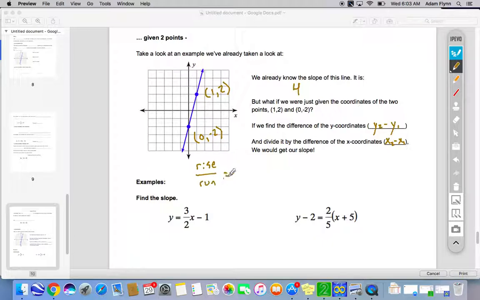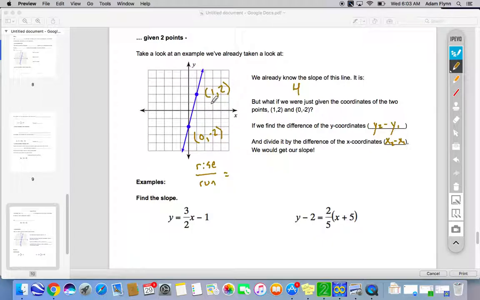So what I'm going to do is I'm going to label these points, all 4 of these, okay? So it really doesn't matter which x you pick to be x1 or x2 or which y you pick to be y1 or y2, as long as you're consistent, as long as you pick one point to be your 1's and one point to be your 2's.